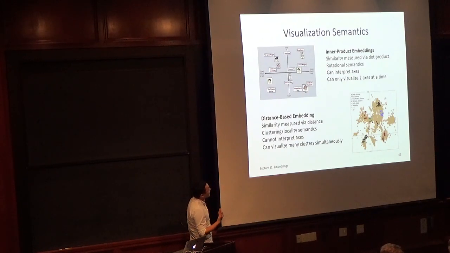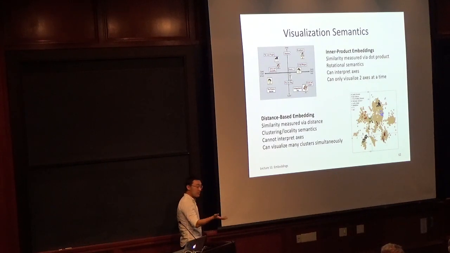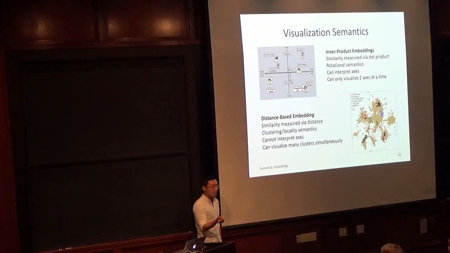In the word embedding case, they use inner product semantics to endow structure onto the embedding, which is, by the way, extremely similar to the Netflix problem. In the playlist embedding case, the authors use distance as a way of endowing semantics into the embedding.